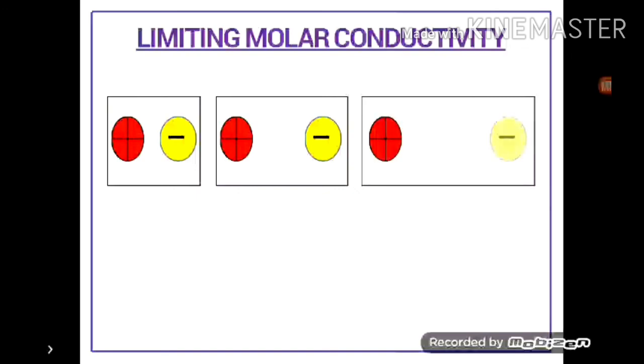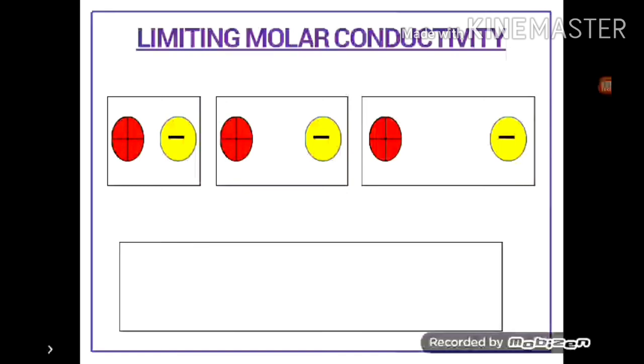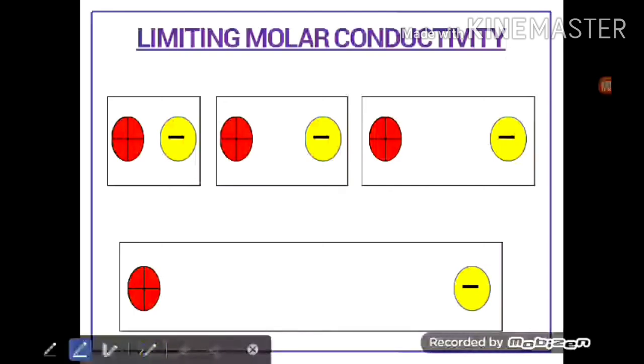Again add some more solvent, their interparticle distance will again increase, so their attraction will decrease. Now they are becoming more free to conduct electricity. After a particular dilution, the attraction which was strong becomes weaker, becomes weakest. Suppose the attraction becomes 0.